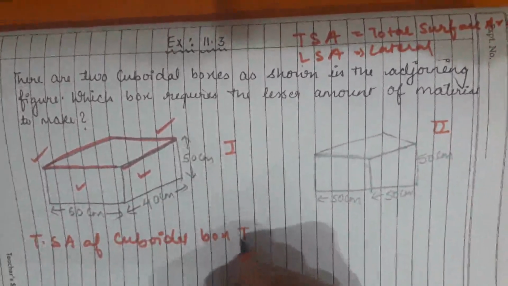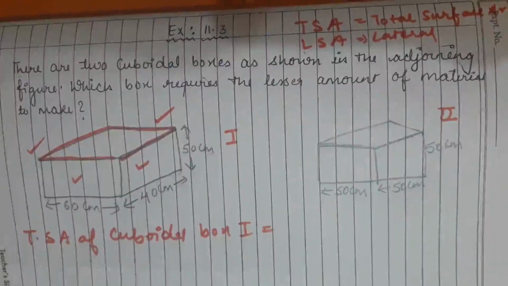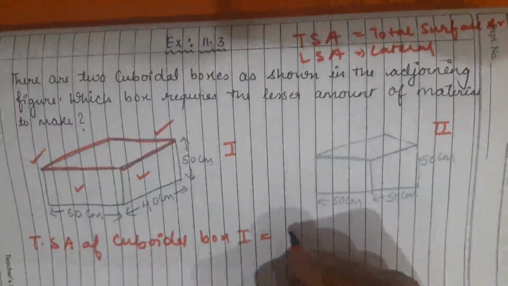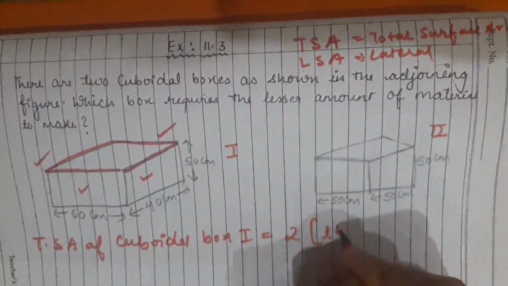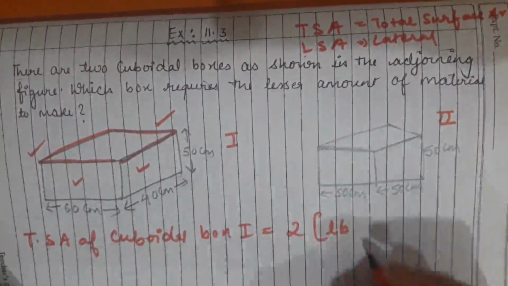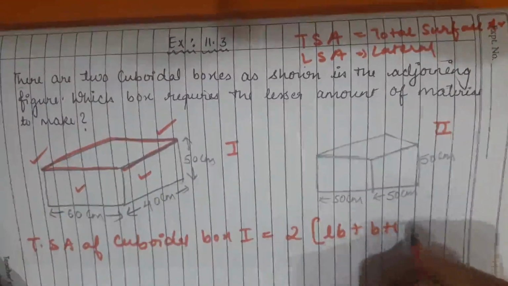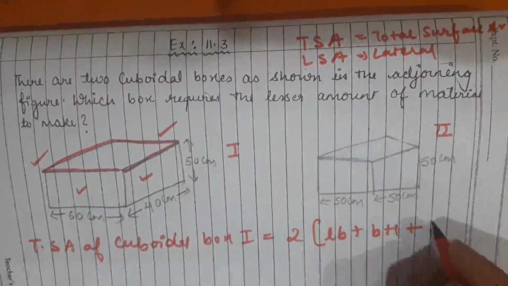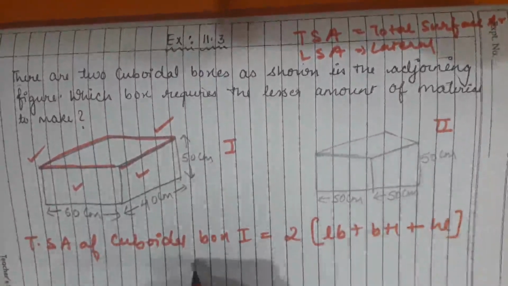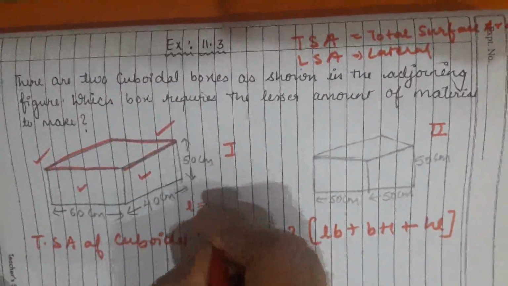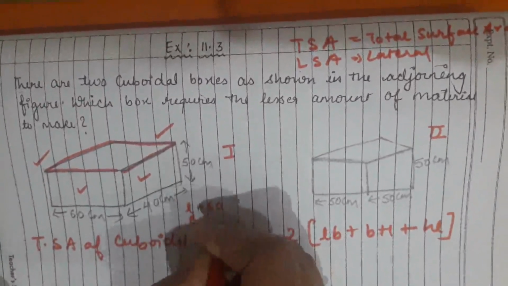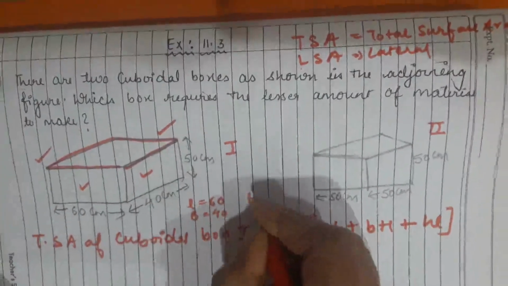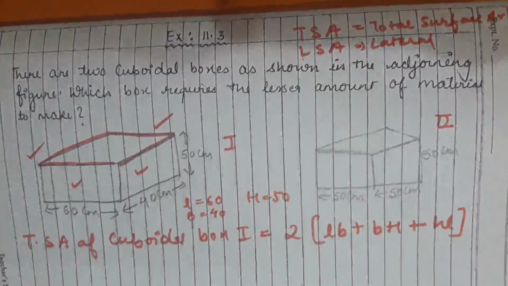So I am calculating the first box. Let's put the formula 2 times LB plus BH plus HL. Length is 60 here, breadth is 40 here, and height is 50 here in the first diagram.